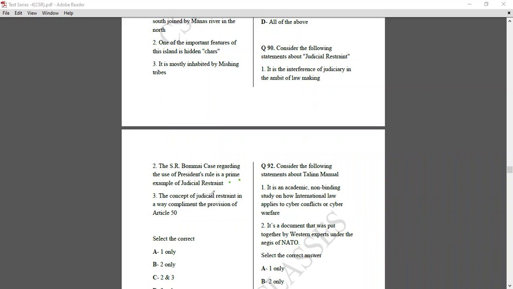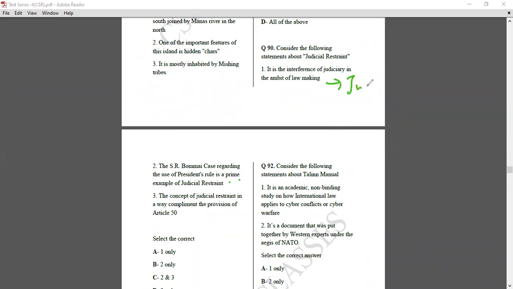Statement 3: the concept of judicial restraint in a way complements the provision of Article 50. Now, which is correct? First of all, you need to know what judicial restraint is.